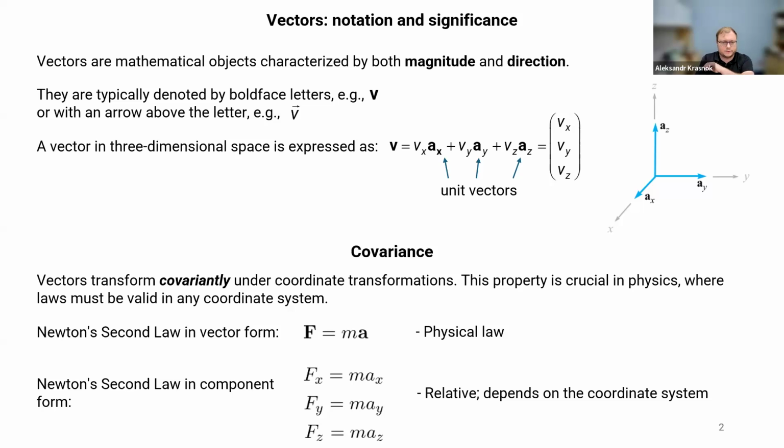So you can say that this vector form is a physical form, something that is objective, but the component form is subjective. These components are not real. These are just mathematical abstractions.